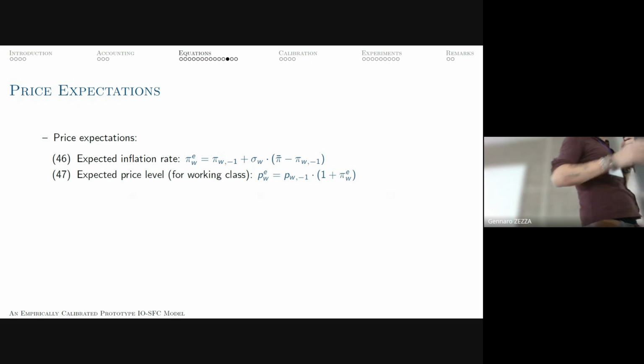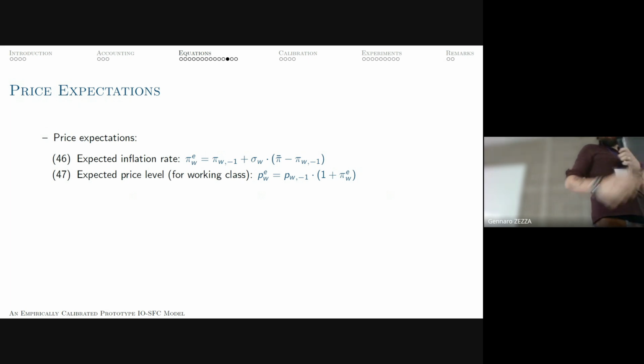As for expectations, I assume regressive expectations in price expectations, because in Europe we do have a clear euro area inflation target. So it makes sense to assume that the economic agents in our system behave such that in the medium to long run inflation is getting back to the targeted inflation.